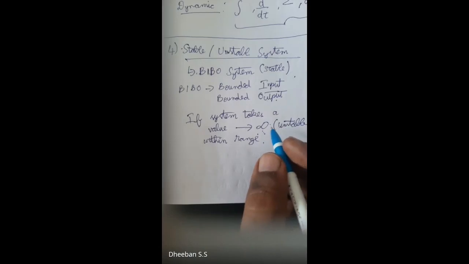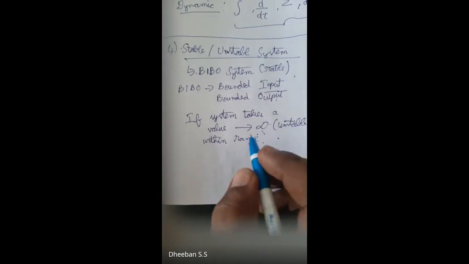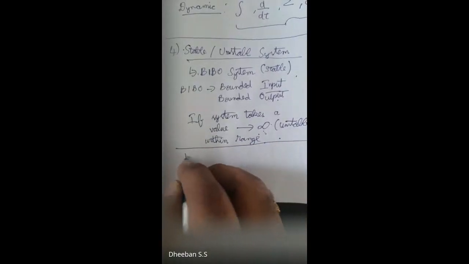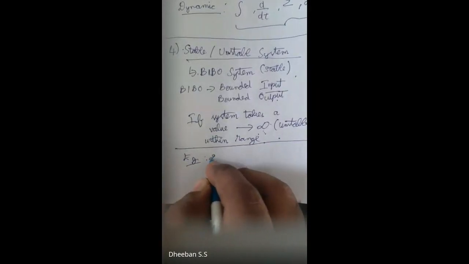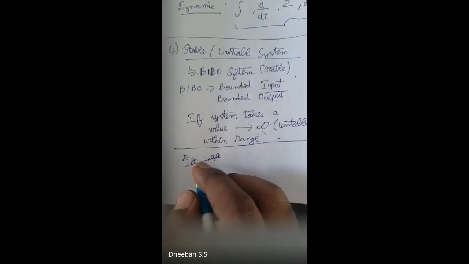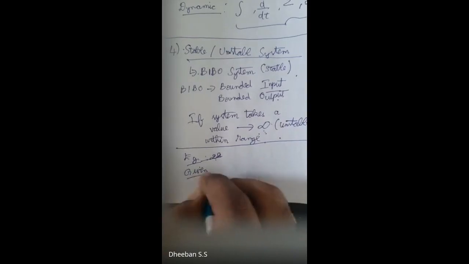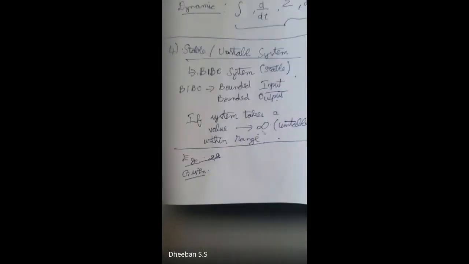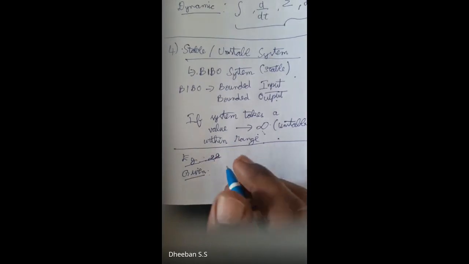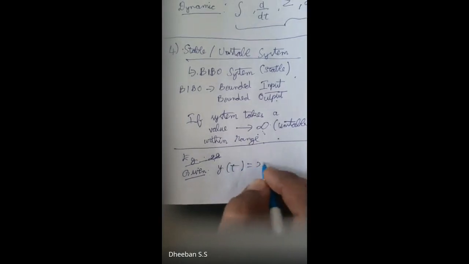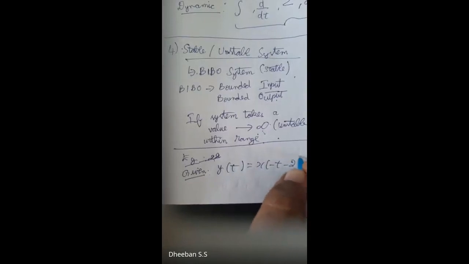So here we can take Example 22. What they have given is y of t equals x of minus t minus 2.